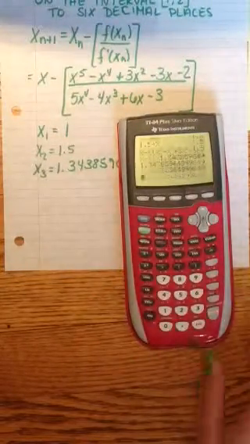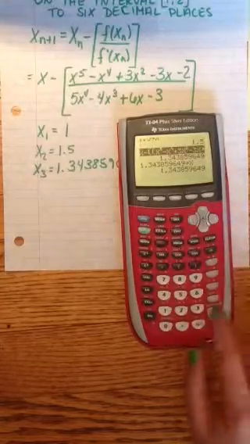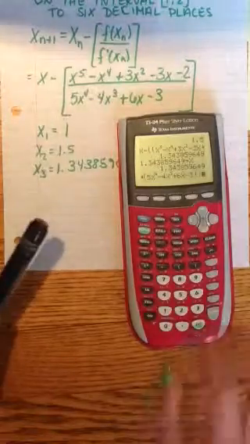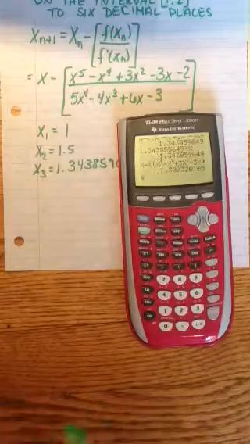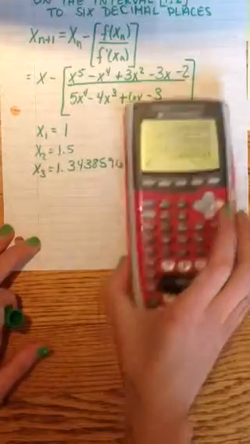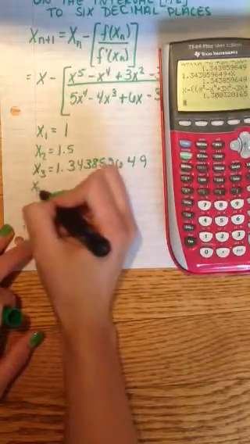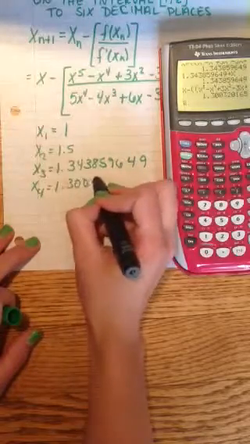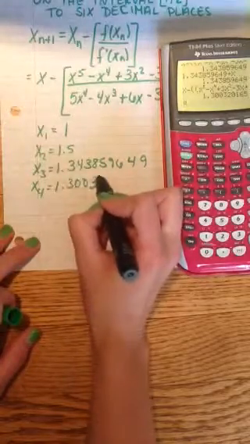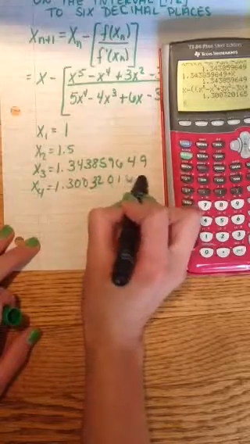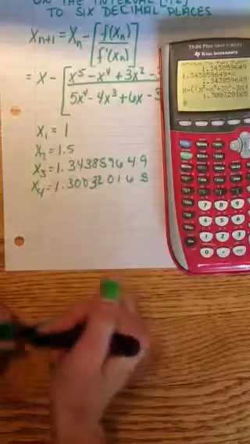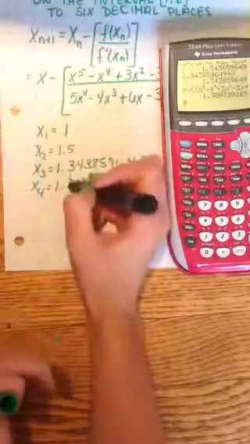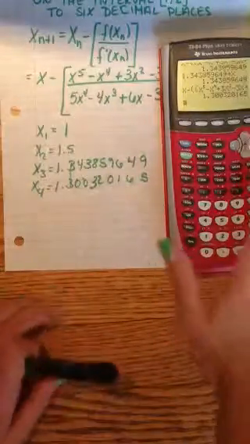So store that as x. Go back up, get the equation, press enter, and you get your x4 is 1.3003220165. So right now we have 2 that match.